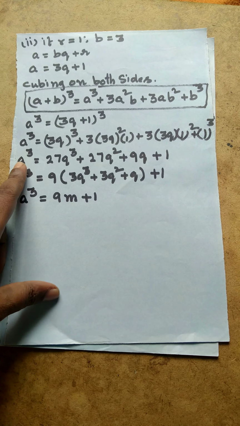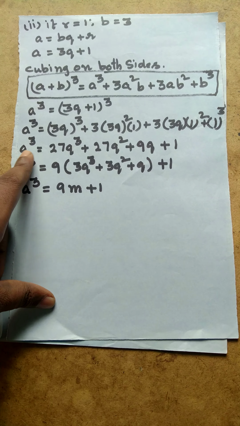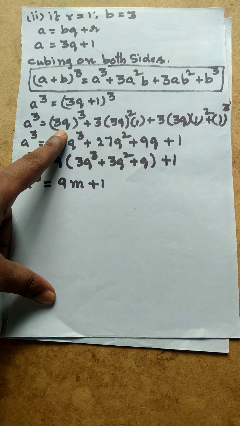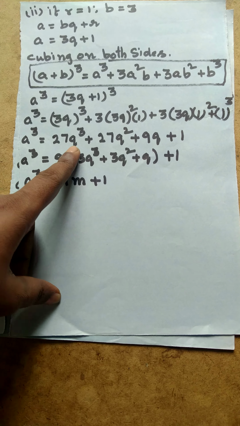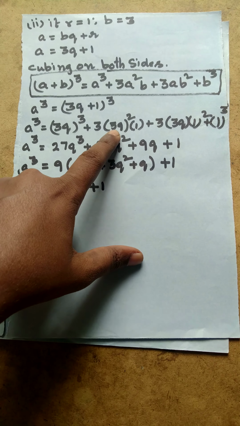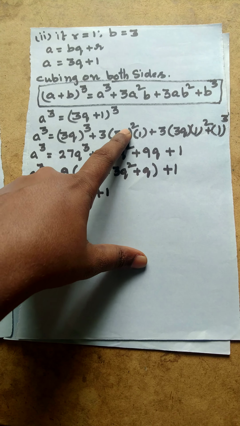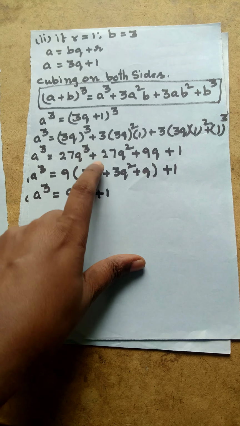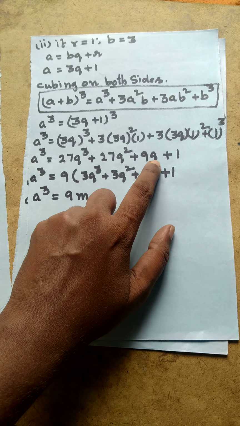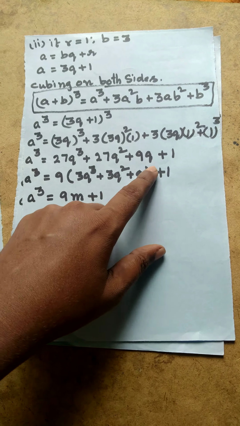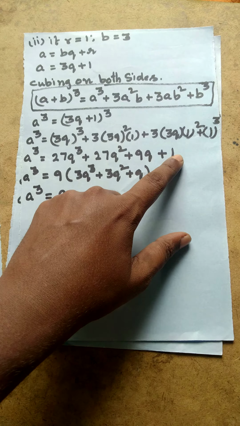On simplifying, a cube: 3q into 3q into 3q equals 27q cube, plus 3 times 3q whole square, which is 9q square, 9 threes are 27q square, plus 3 times 3 is 9q, plus 1 cube, which is 1 into 1 into 1, that is 1.